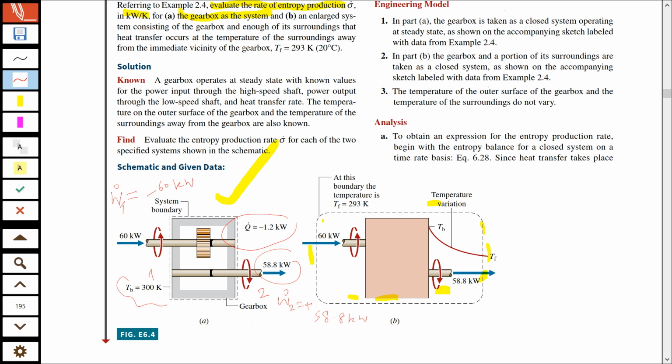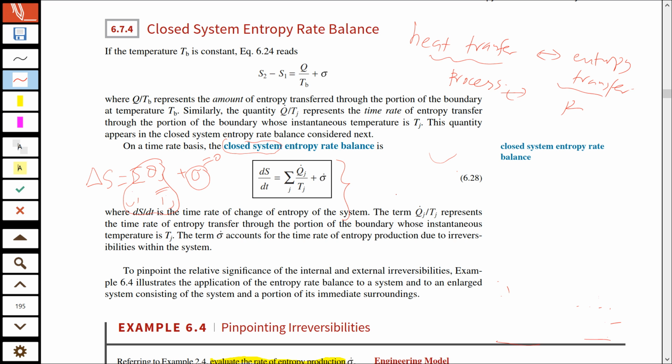Temperature of the boundary at which you have that heat transfer is also given, and we are supposed to calculate sigma dot. How do we go about it? We just need to use this law. I just reproduce this.